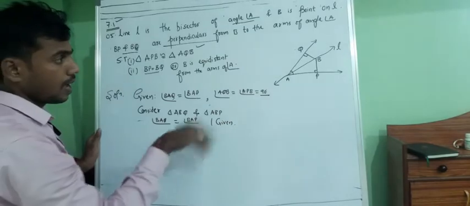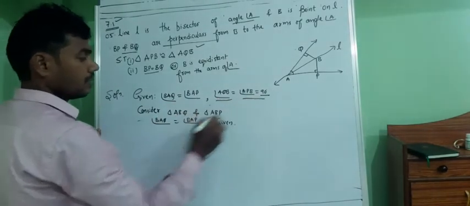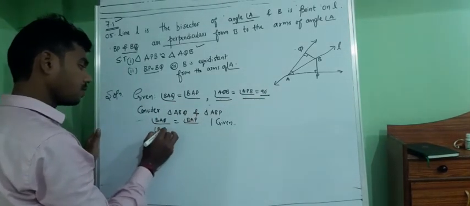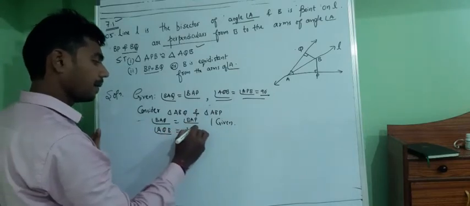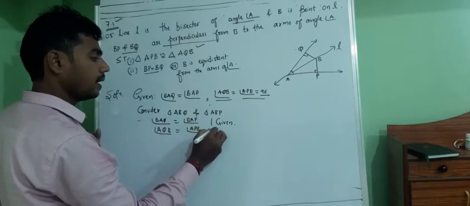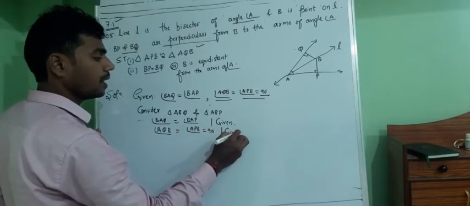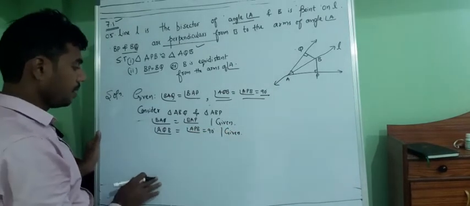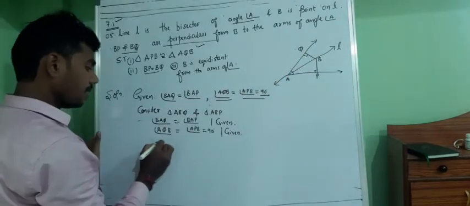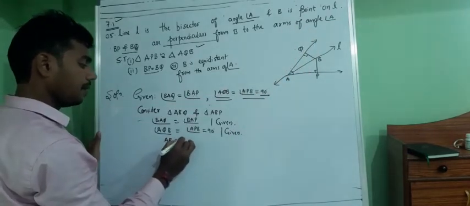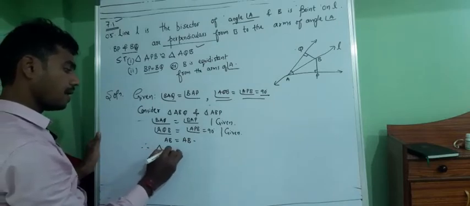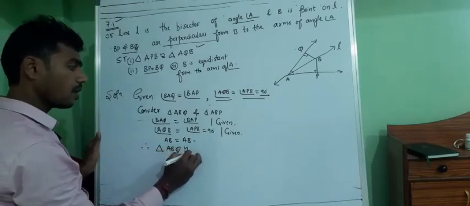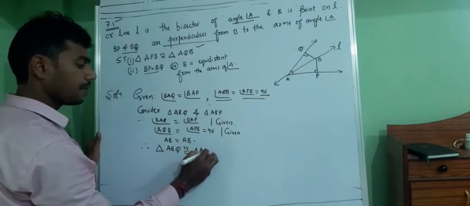Next, angle AQB is equal to angle APB is equal to 90 degrees. It is also given. We need not do any extra construction. Next, AB is common. AB is equal to AB. So therefore, triangle ABQ is congruent to triangle ABP.